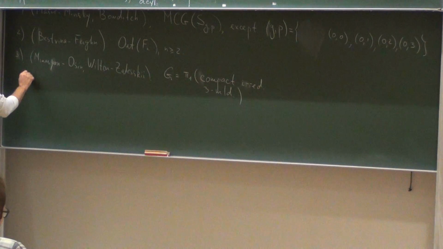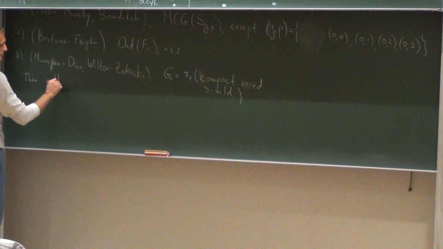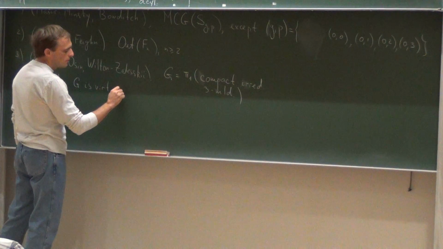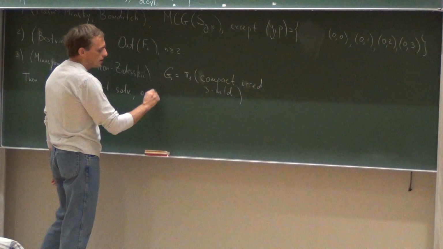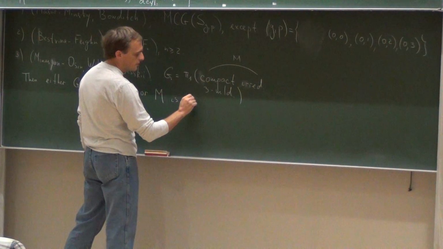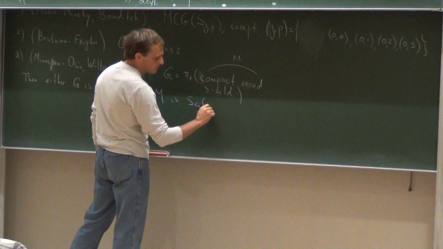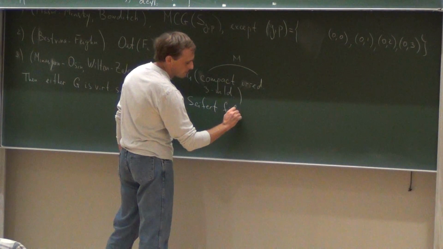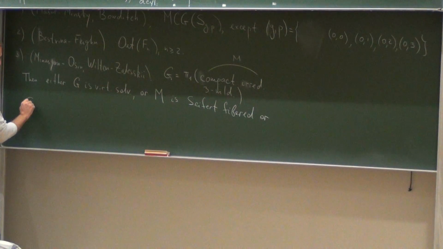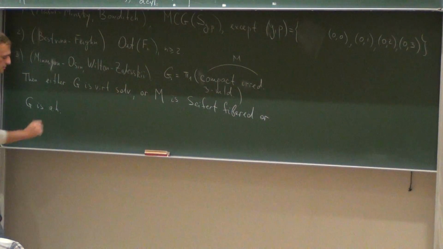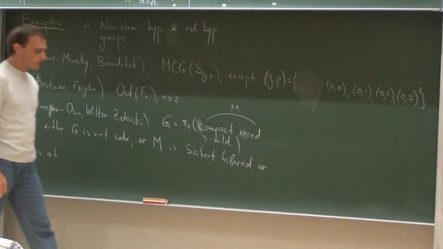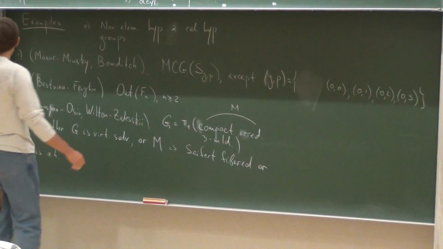Then for a 3-manifold, either G is virtually solvable, or M, this is my manifold M, is Seifert fibered, or G is acylindrically hyperbolic.